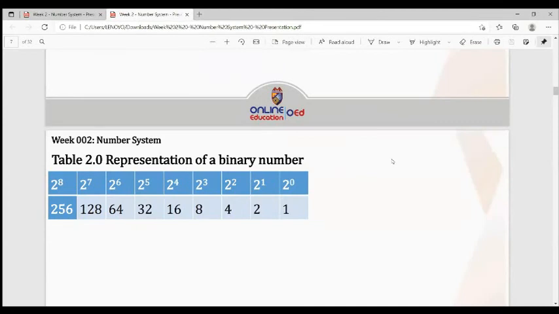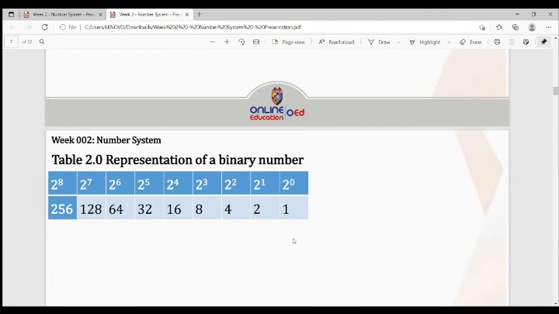So here is the representation of the binary number. Let's assume na merong tigwa 1 yan ha. 1, 1, 1, 1, 1, 1, 1, 1, and 1. If we're going to convert that into decimal, kukunin natin yung equivalent niya.